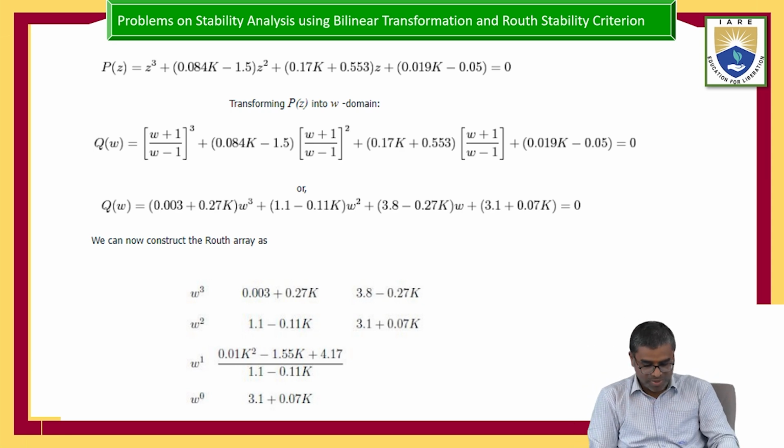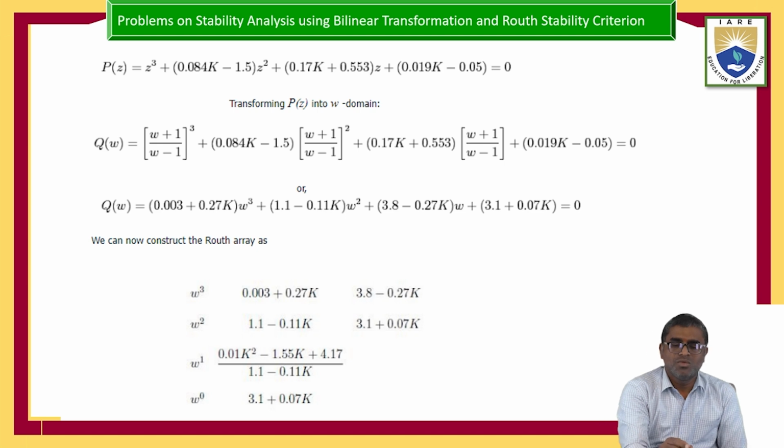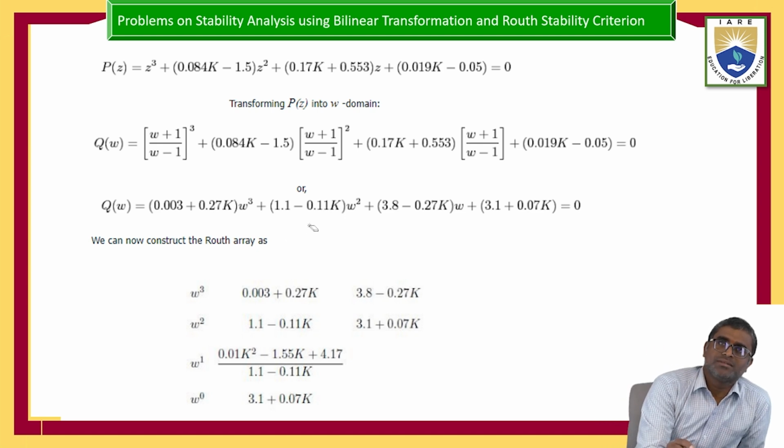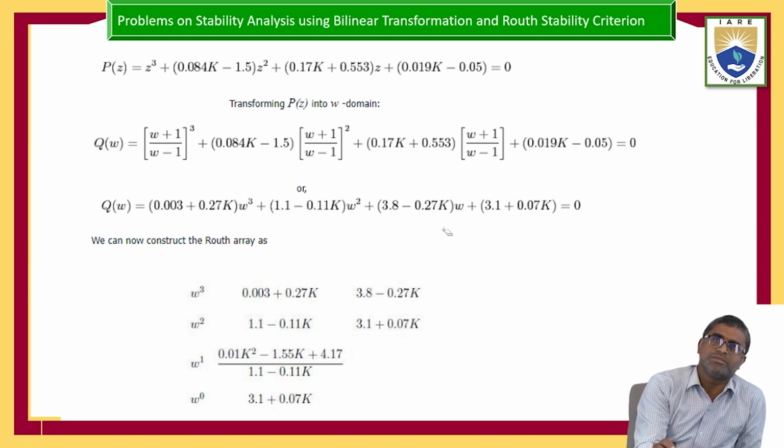By solving this equation, we get the final equation as 0.03 plus 0.27K into omega cube plus 1.1 minus 0.11K into omega square plus 3.8 minus 0.27K into omega plus 3.1 minus 0.00K.